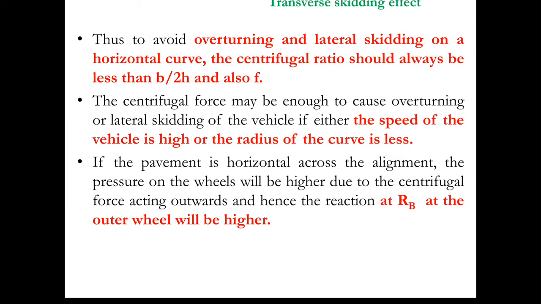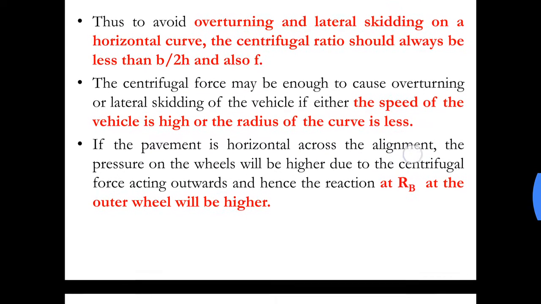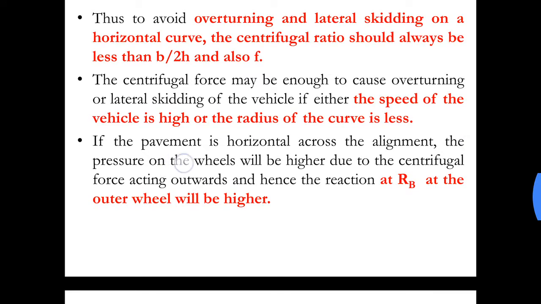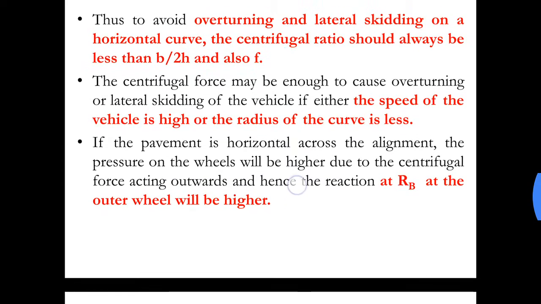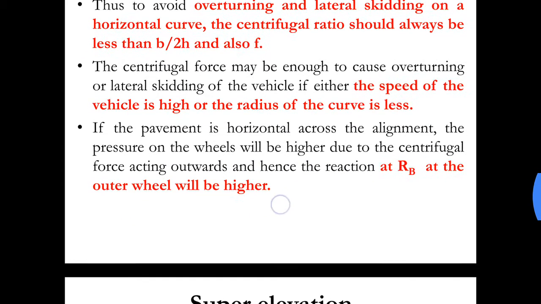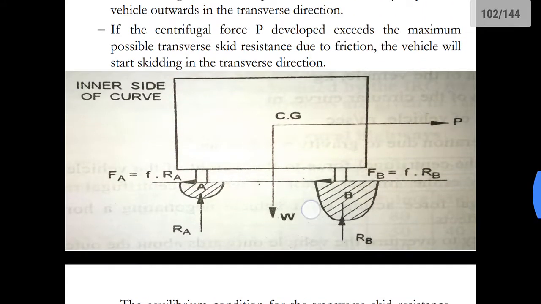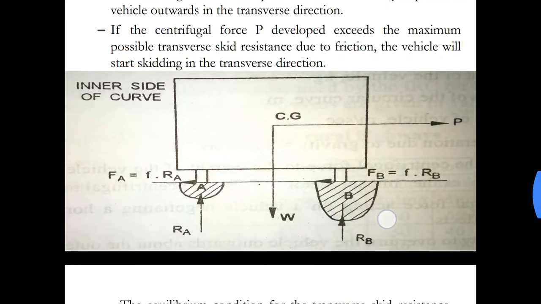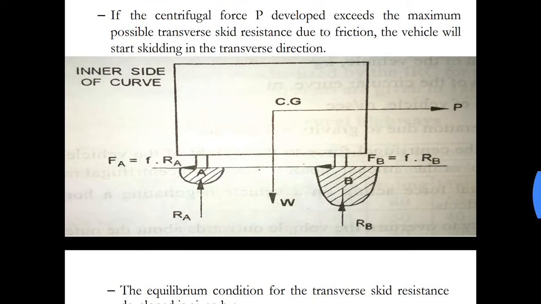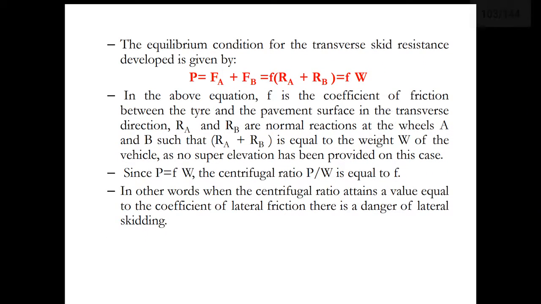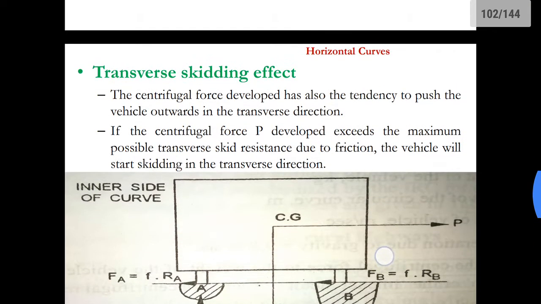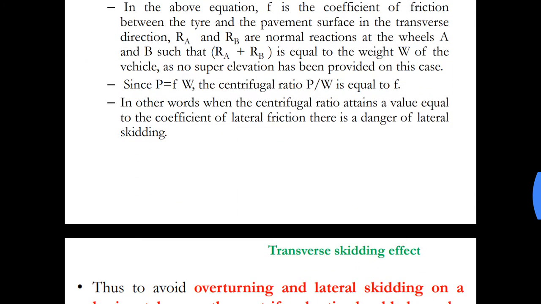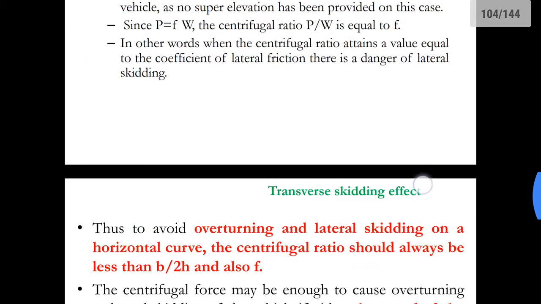If the pavement is horizontal across the alignment, the pressure on the wheels will be higher due to the centrifugal force acting outwards, and hence the reaction Rb at the outer wheel will be higher. We have already seen that reaction Rb would be higher than reaction Ra. So these were the two conditions that occur due to movement of a vehicle on the horizontal curve.